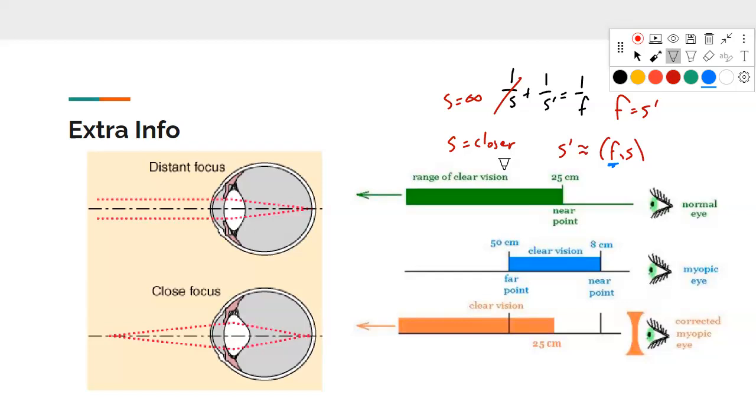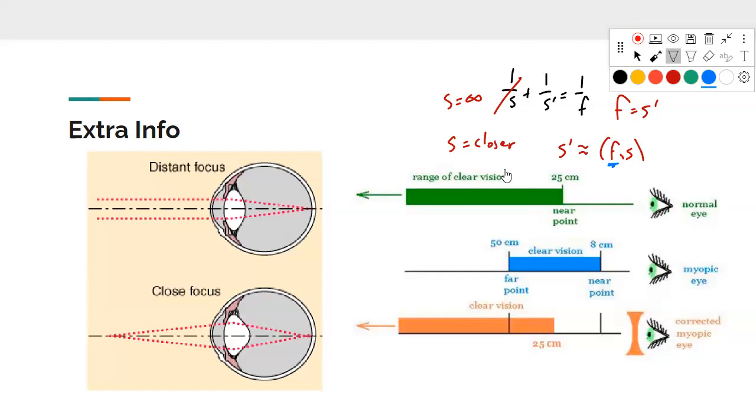And so that's about where you can see things clearly. If you're nearsighted, that's the limit to where you see things clearly. And then as your eye strengthens its focusing abilities corresponding to things getting nearer to you, someone with myopia can actually focus things closer than this typical 25 centimeter near point.